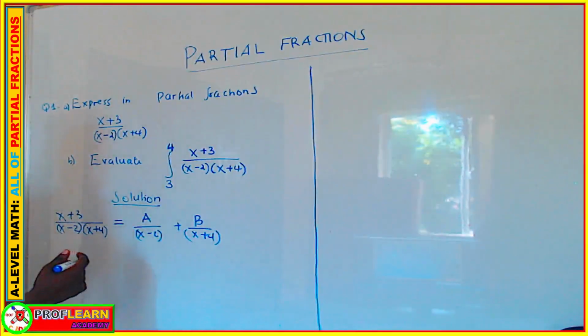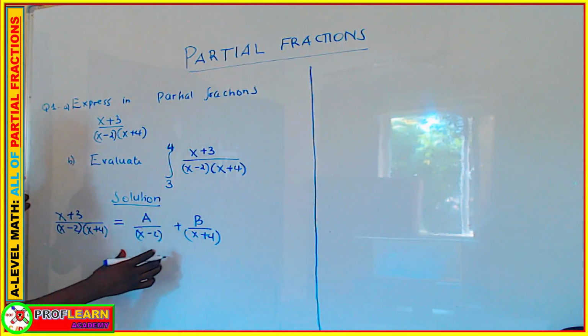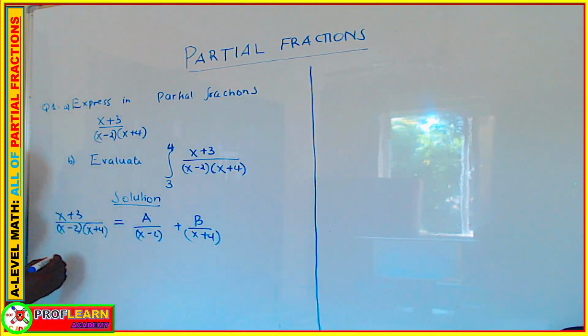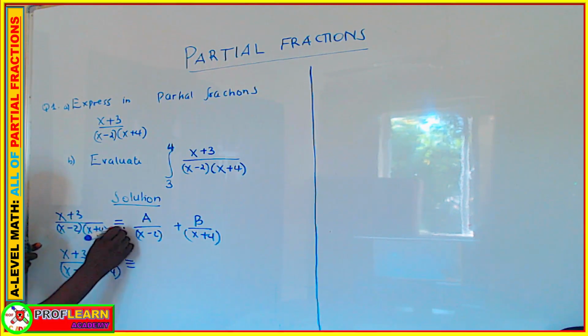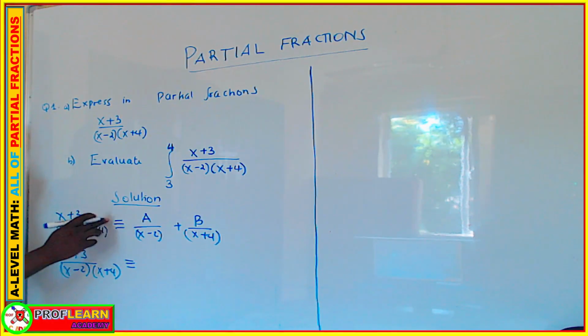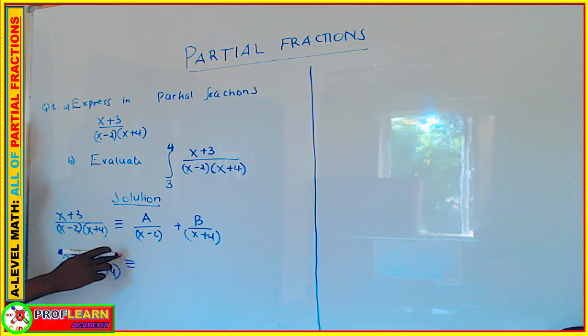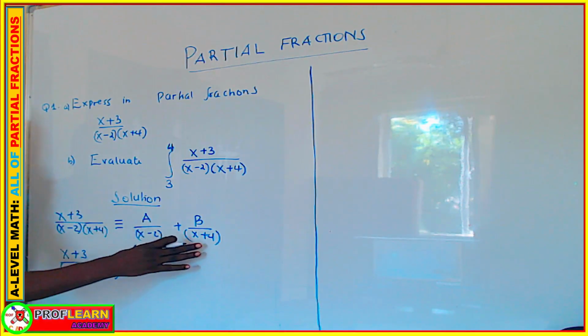If we express this as a common denominator, it is going to be written as x plus 3 over (x minus 2)(x plus 4). I'm using these three lines to imply equivalent. This part is equivalent to this.